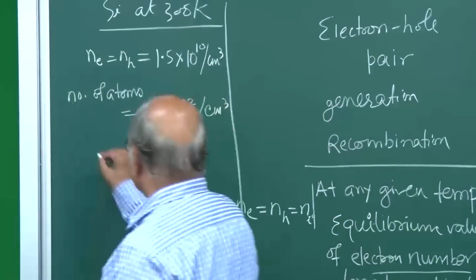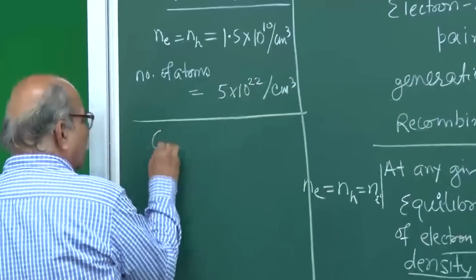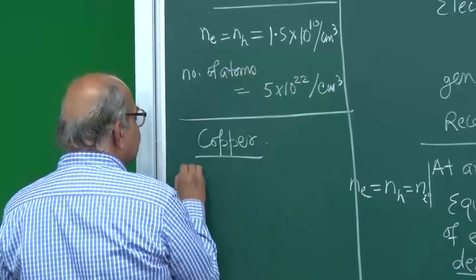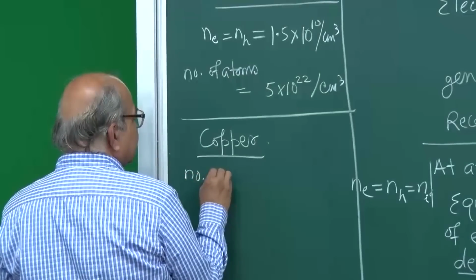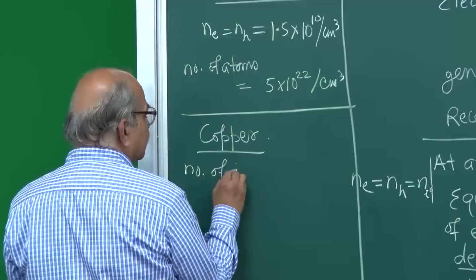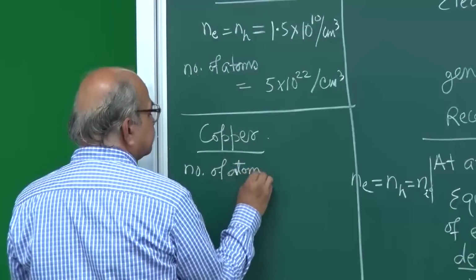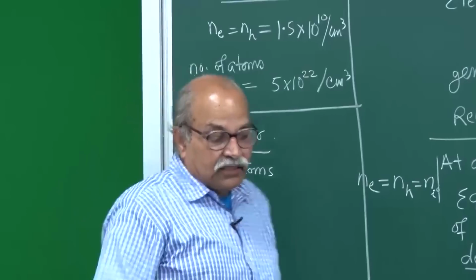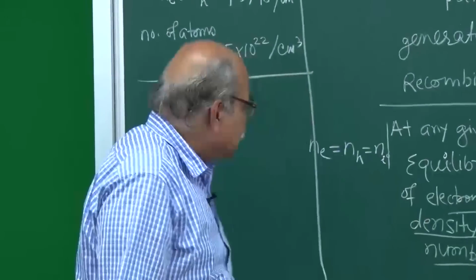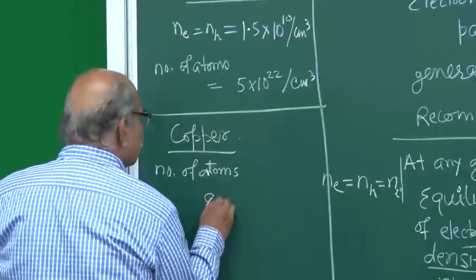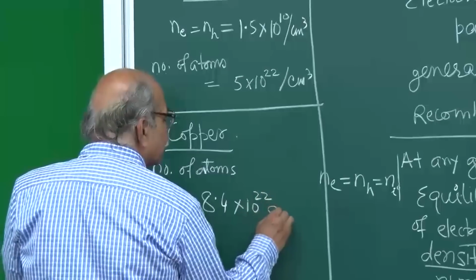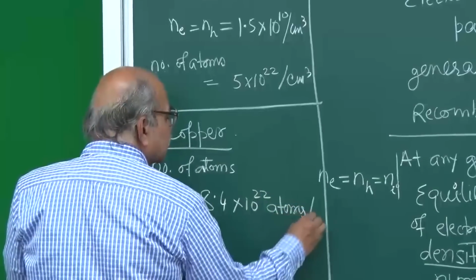But if you compare with a good conductor, let us say copper, the number of atoms per centimeter cube is 8.47 times 10 to the power 22.